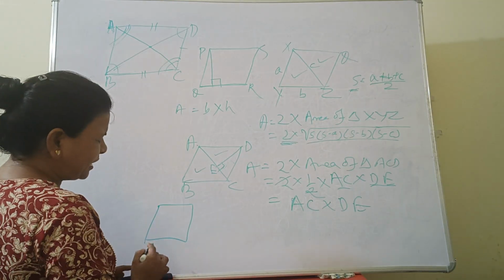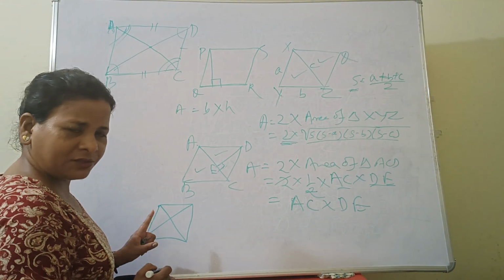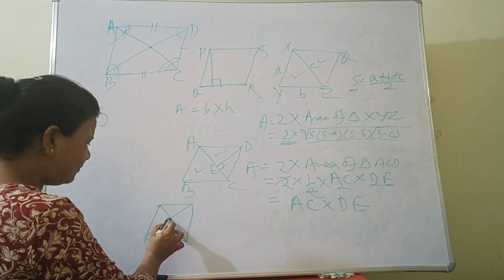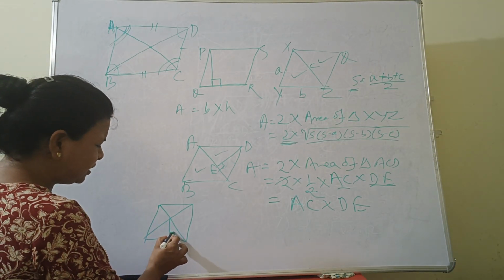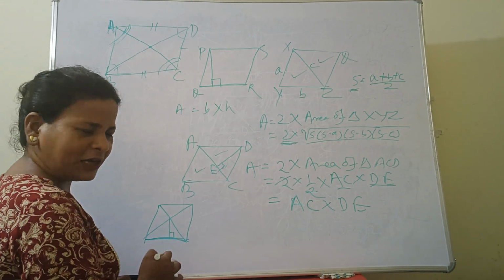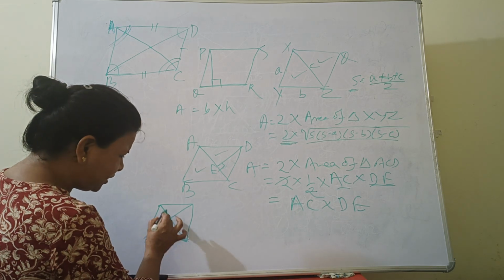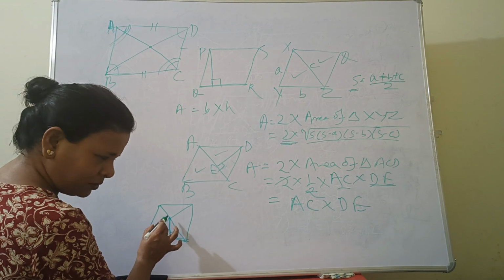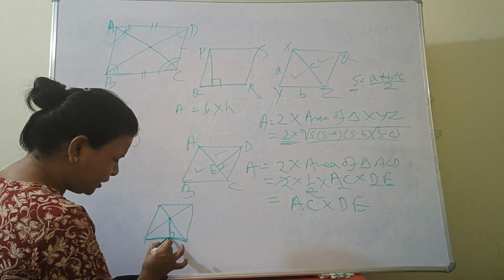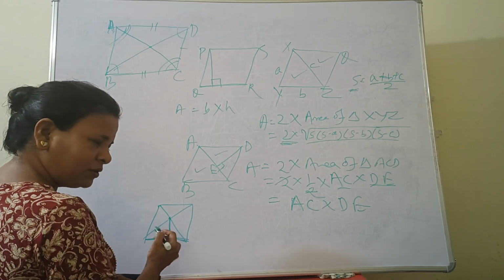Suppose this is a parallelogram and the point of intersection of its two diagonals is given, and from the point of intersection the altitude is drawn to a side of the parallelogram. So when one side is given and from the point of intersection of the two diagonals one perpendicular is drawn to the side of the parallelogram, how to find out the area?